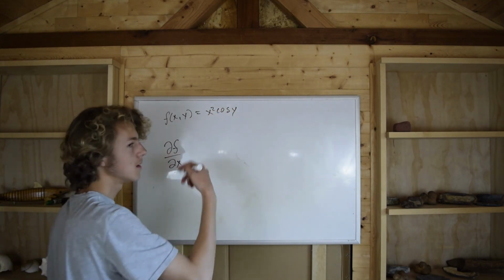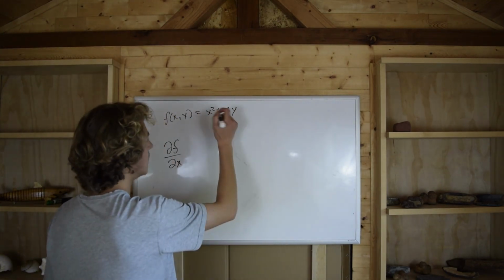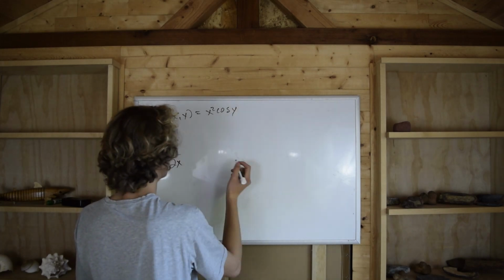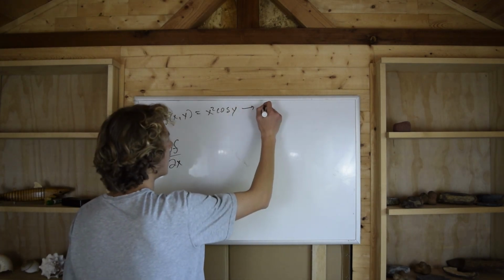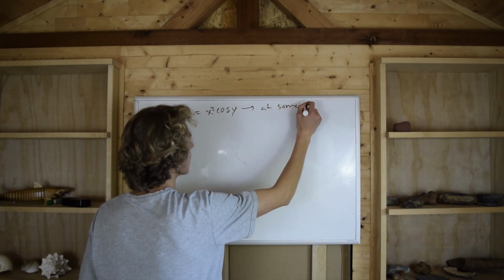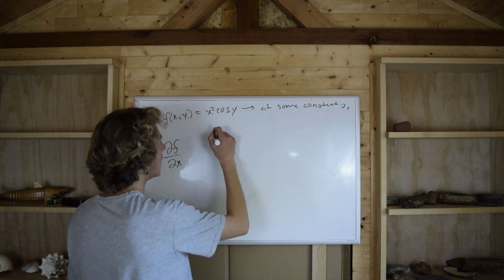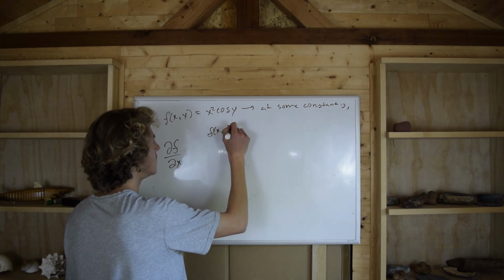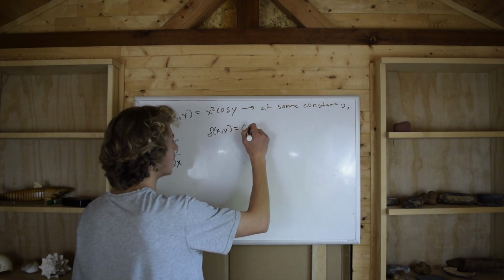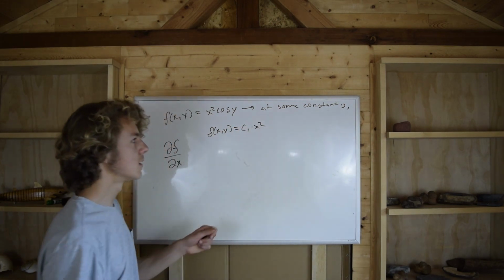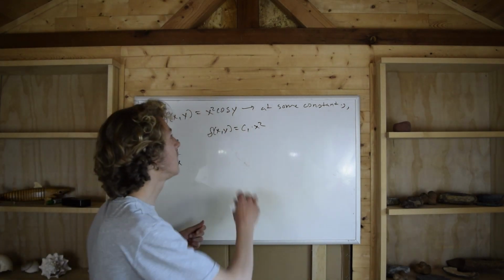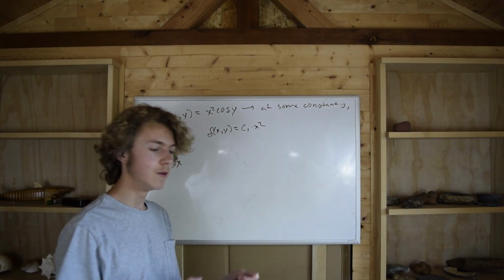It would just be a constant times our x squared, and we can rewrite this, right? We can say, okay, at some constant y, f of x, y is equal to constant 1 times x squared. This makes it easier to read because sometimes the x and the y can confuse us.